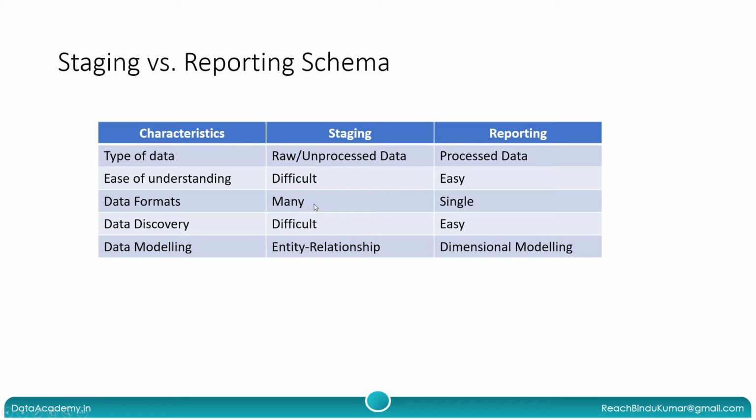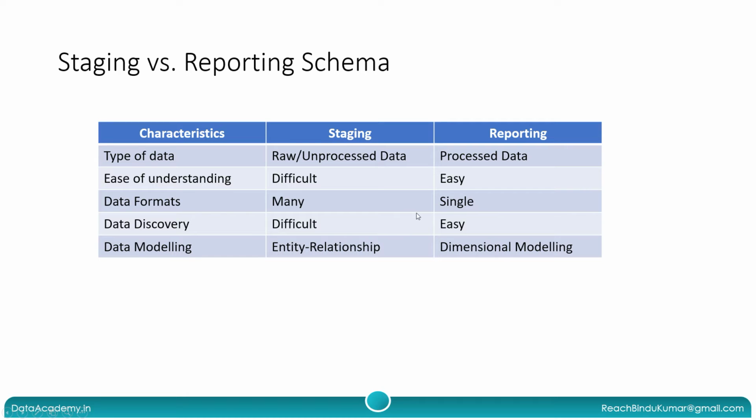Formats. The data that you receive in staging often reflects the format of the upstream system. Your upstream systems or data sources might send you data in different formats. Some might send you data in a tabular format. Some might send you semi-structured data like JSON or CSV, and so on. Staging just collects the data as is, and hence the format is retained, so you are more likely to find many different formats of data in the staging layer.